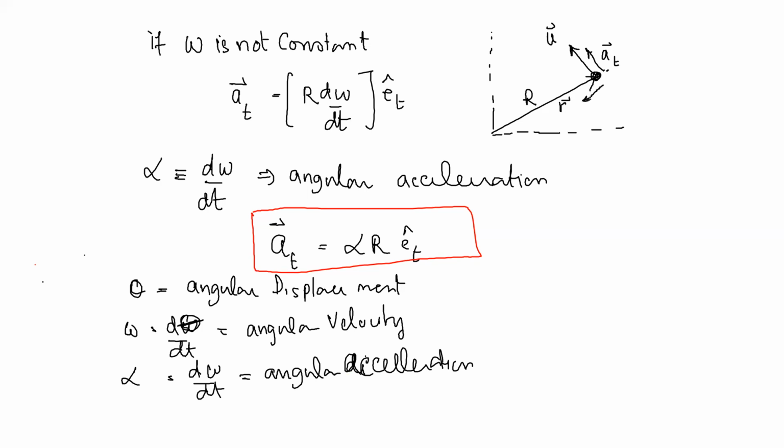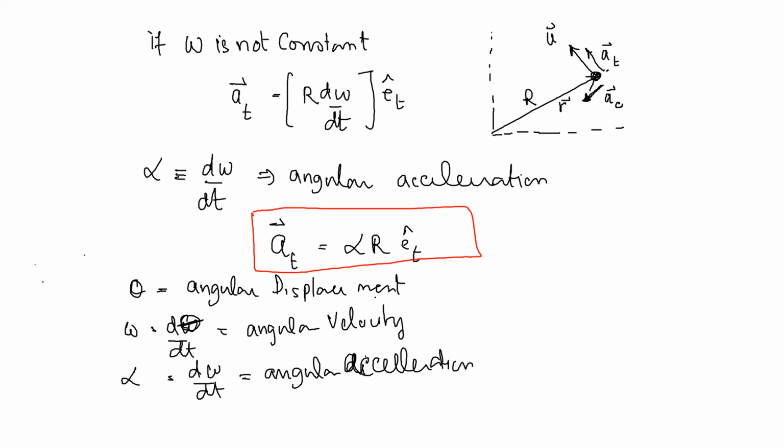You have at pointing that way, and this is ac, pointing toward the center. And the at, or tangential acceleration, is r times d omega by dt along the et. And alpha, or d omega by dt, is called angular acceleration. So the tangential acceleration is alpha r.